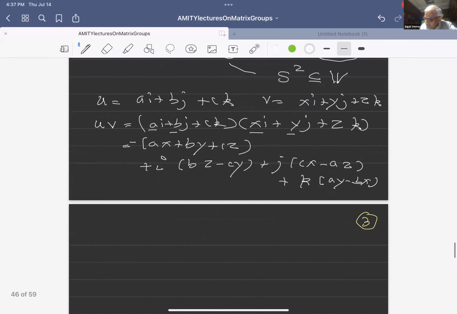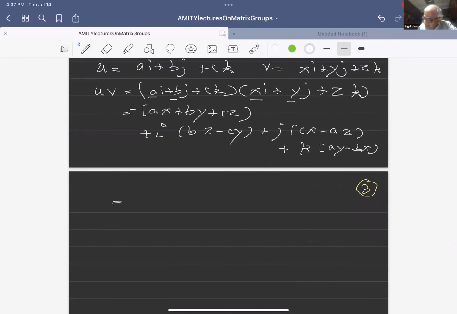If you stare at it a little, this first quantity is the negative of the dot product of u with v, and the other quantity, a linear combination of i, j, k, is really the determinant with rows i, j, k; a, b, c; x, y, z.